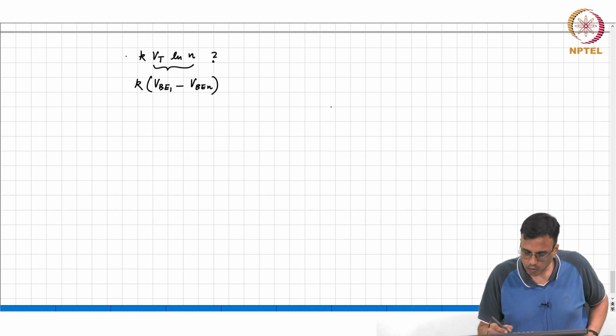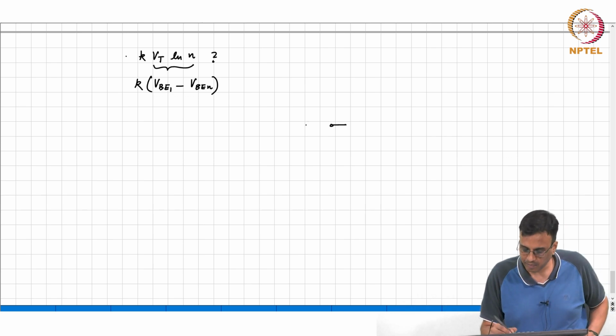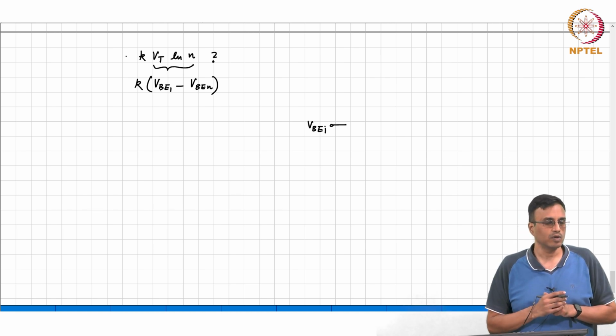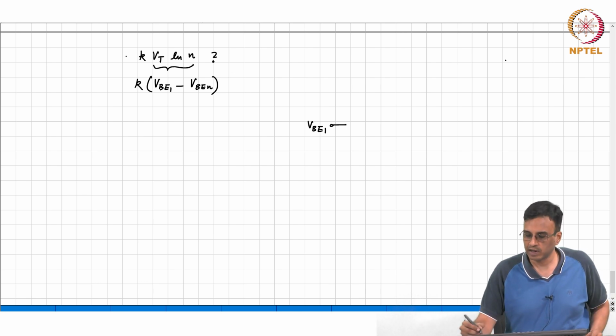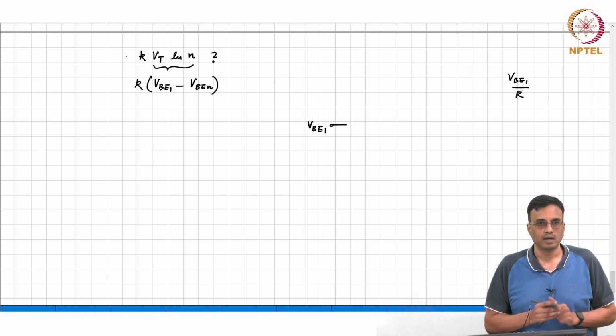So if you want to convert this Vbe1, we want to convert it into a current. What do you think we can do? Let's say we want to convert it into a current, say Vbe1 by R, right?